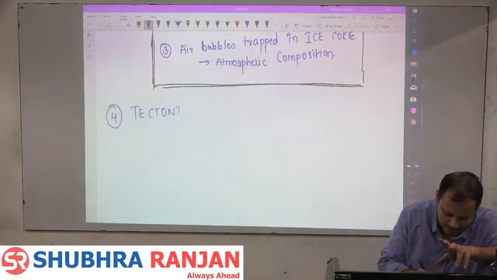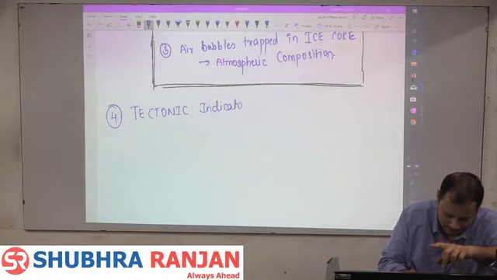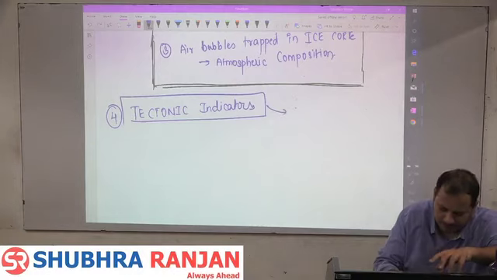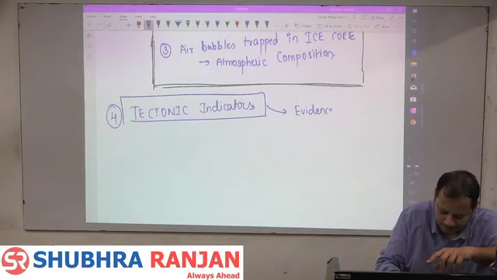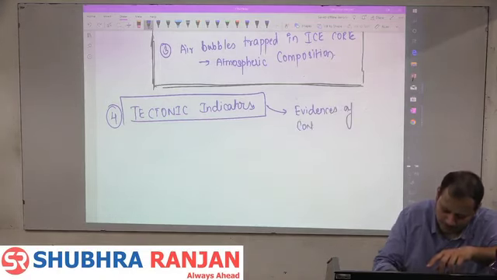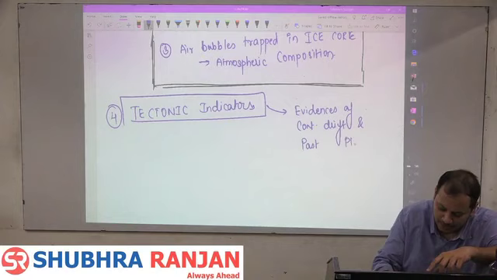Tectonic indicators. We have studied this already in geomorphology.